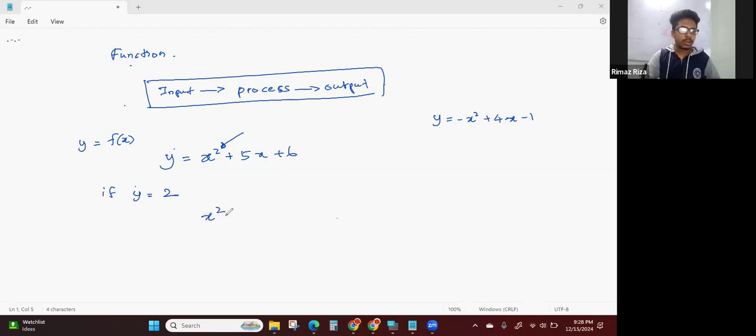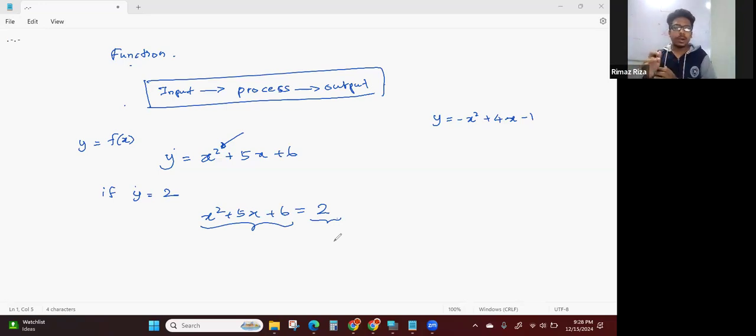Then x squared plus 5x plus 6 equals 2. Now this is an equation because the left hand side is equal to the right hand side. We are saying two things are equal. So therefore this is an equation.